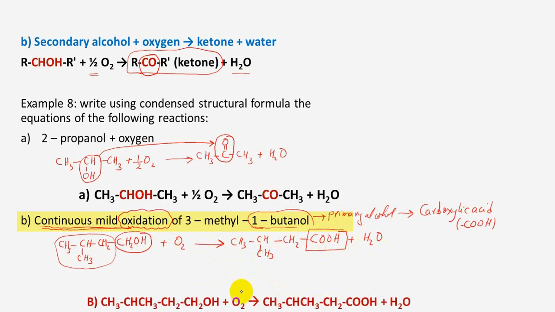The equation of the reaction is written as following: CH3, CH3, and as we see, the functional group of a primary alcohol, CH2OH, is changed into COOH.